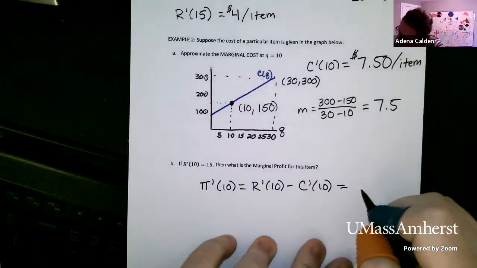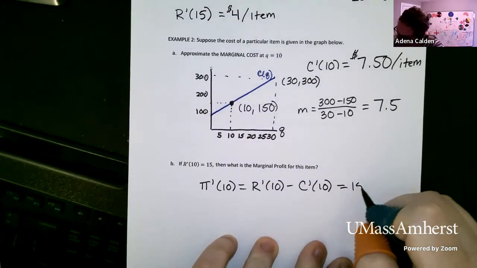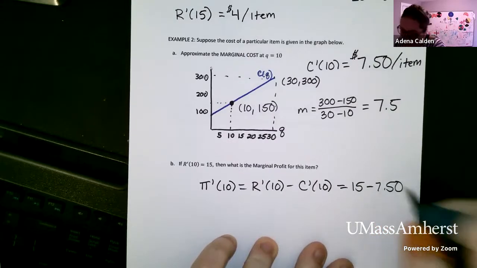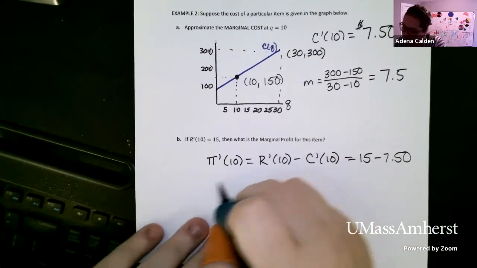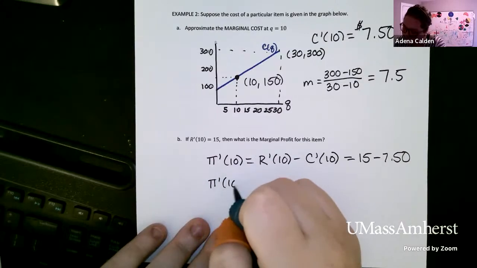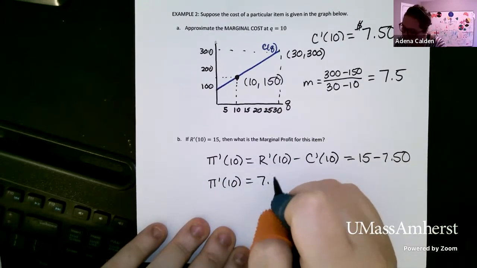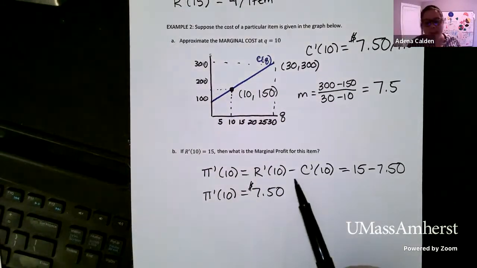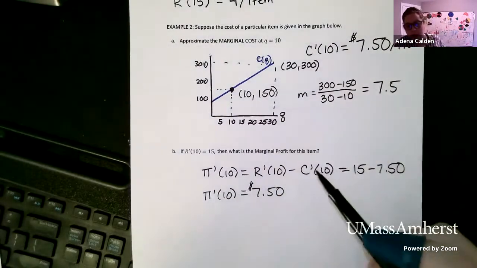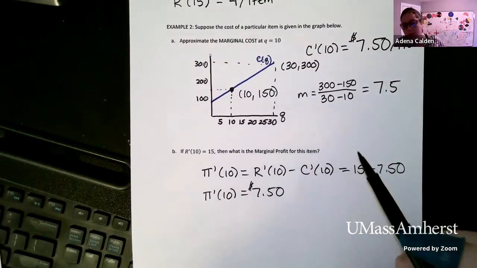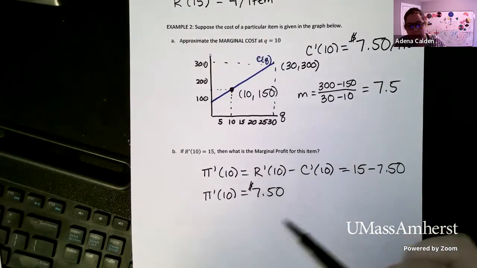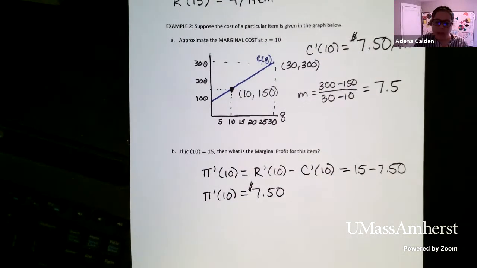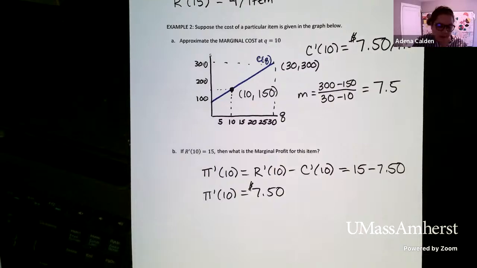So R prime of 10 is 15 minus C prime of 10 is 7.50. So that means my marginal profit is $7.50. So if I make and sell an additional item, going from 10 to 11, I expect to get $7.50 in additional profit.